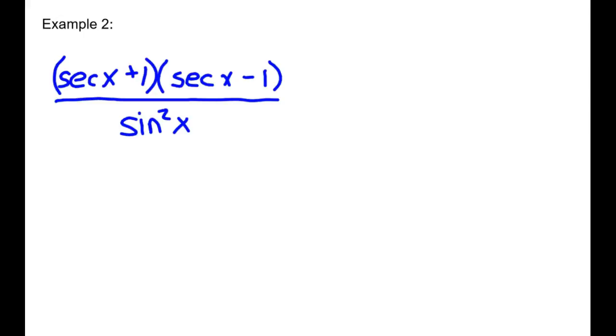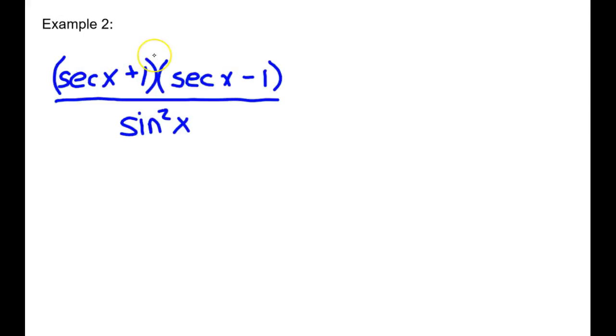Example 2, again, we want to simplify this expression. We have secant x plus 1 times a quantity secant x minus 1, all divided by sine squared x. In the numerator, you can recognize that this is a difference of squares pattern, so we should multiply this out using the FOIL method.